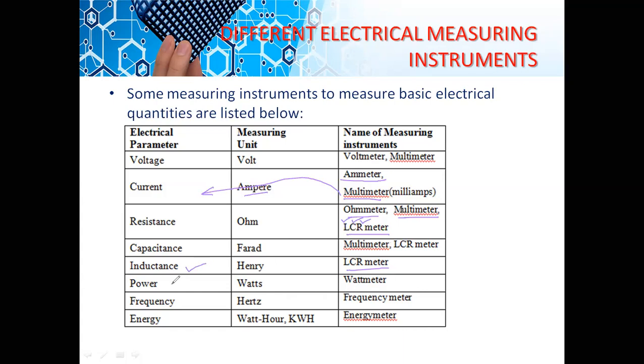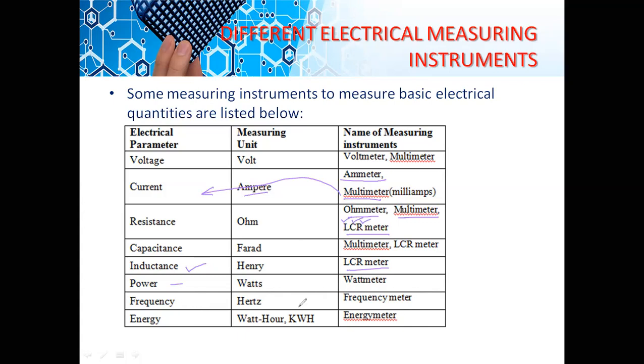Now, power can be measured with the help of a wattmeter. The unit of power is watts. We have different measuring instruments to measure the frequency of the supply or a signal. The unit of frequency is hertz. Frequency meter is one of the meters which can be used to measure frequency. Similarly, energy meter is used to measure energy.